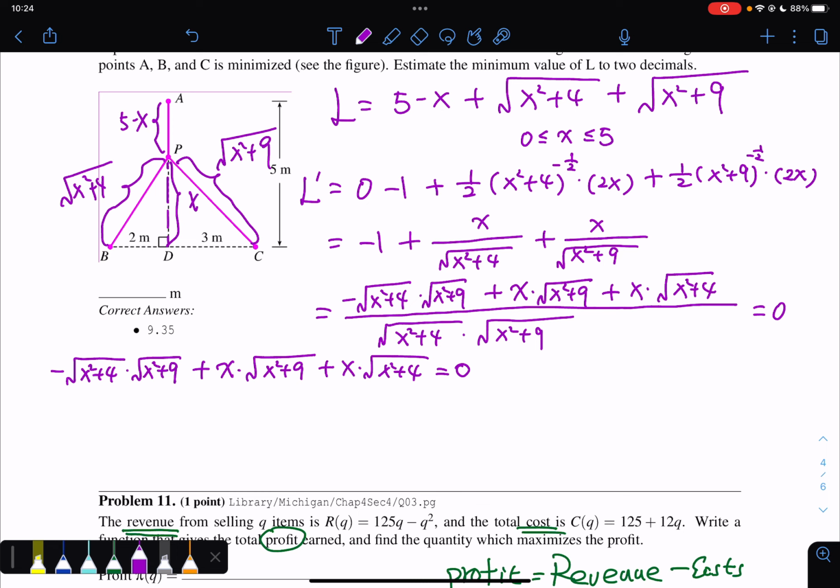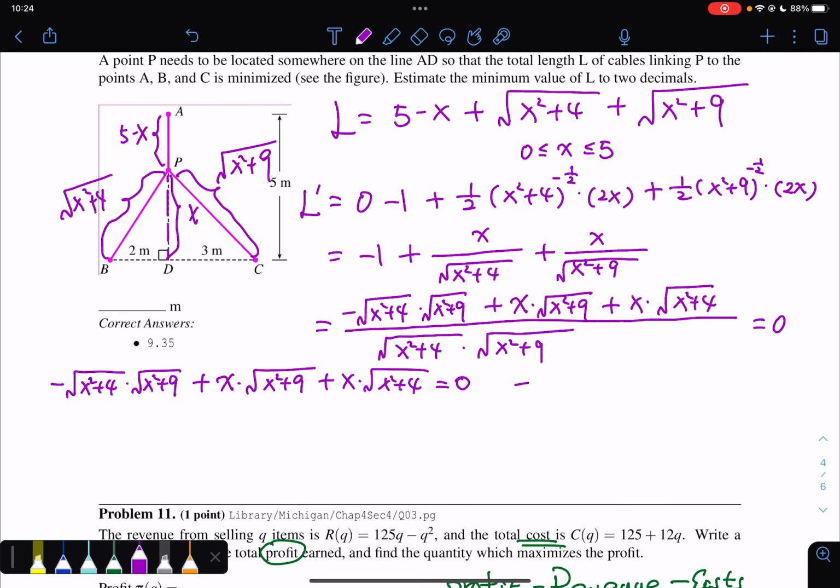Well, it tells me the x, when solved for 0, is roughly speaking 1.407, right? This is what I end up with. And I can try to find out the derivative sign on the left and right side of it.